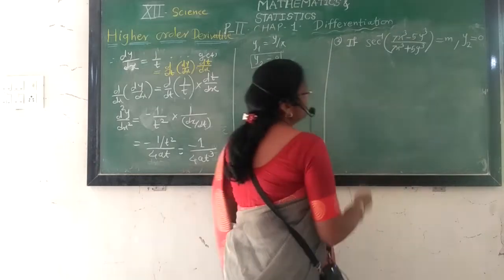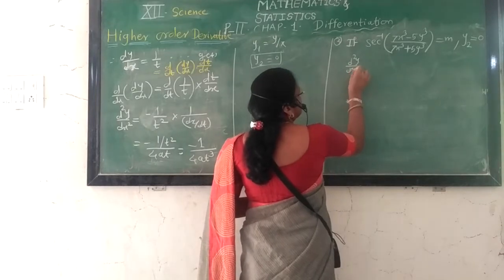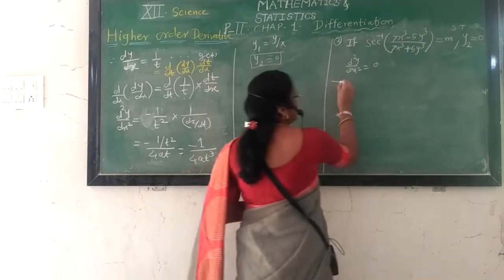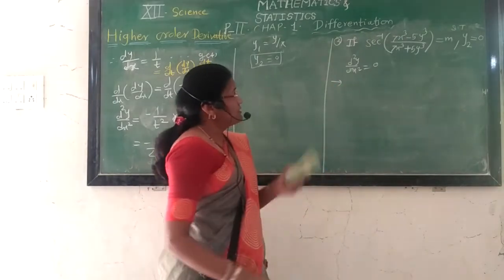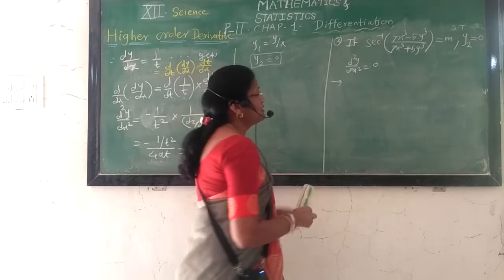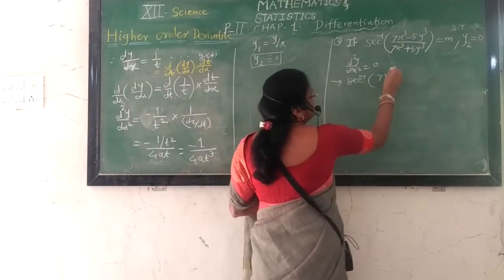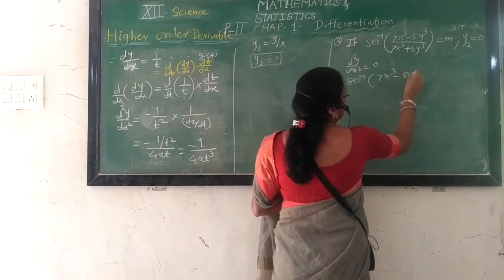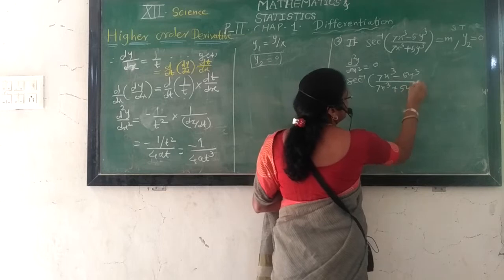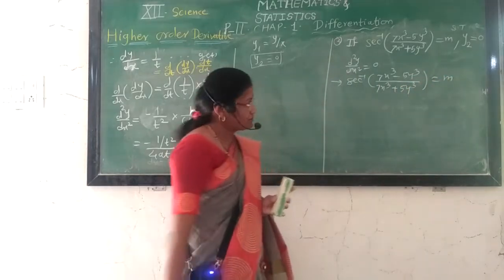This is the type of question. Here y is inside the inverse function sec. So we take sec inverse of (7x cube minus 5y cube) upon (7x cube plus 5y cube) equal to m. This is given to you.